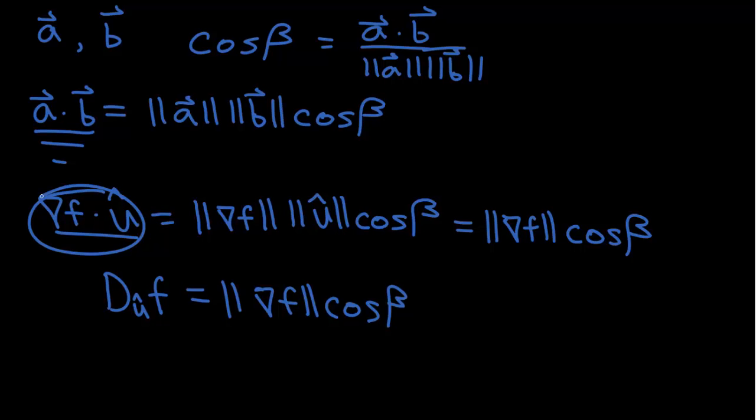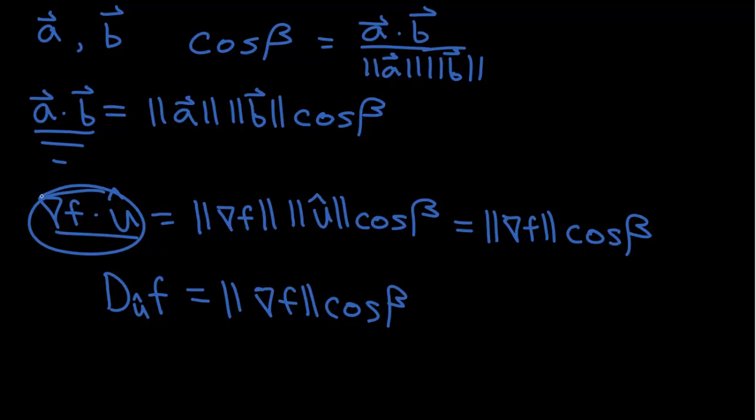So look, the gradient is the direction of the steepest increase, the greatest increase, and also its magnitude is the greatest increase, right? Do y'all see that? Now, if you want to talk about the opposite, you would say, well, when beta is equal to pi, it's the opposite way, right?